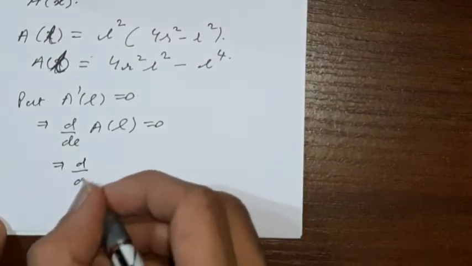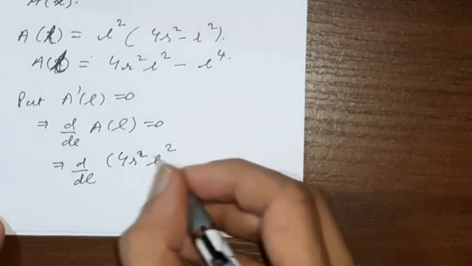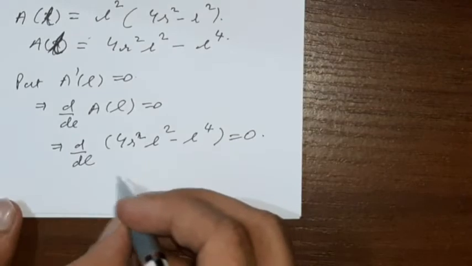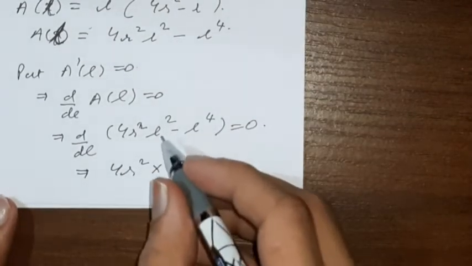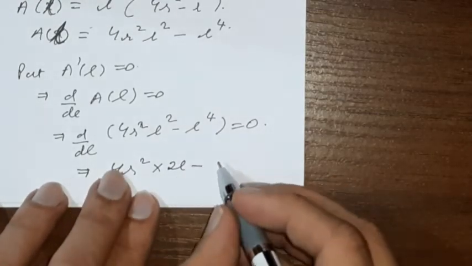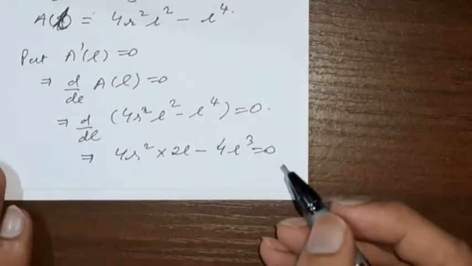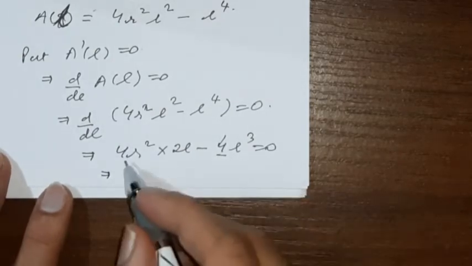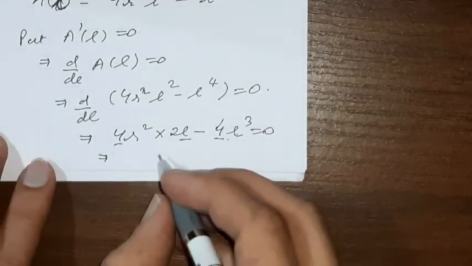So the derivative of 4R²L² − L⁴ equal to 0, right? That is nothing but 4R² multiplied by the derivative of L², which is 2L, minus the derivative of L⁴, which is 4L³, equal to 0, right? Now suppose we take 4 common, and 1 L. So what will we get?